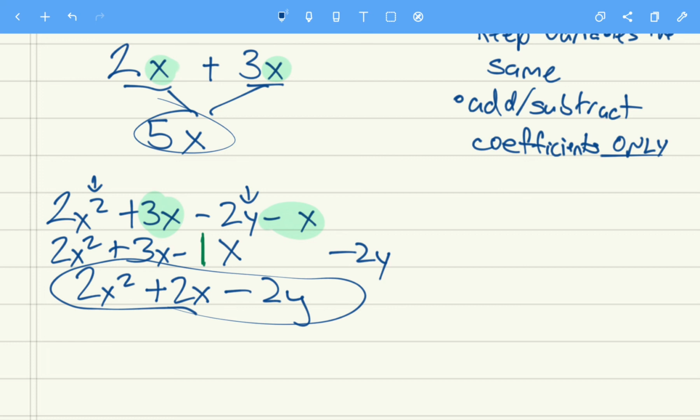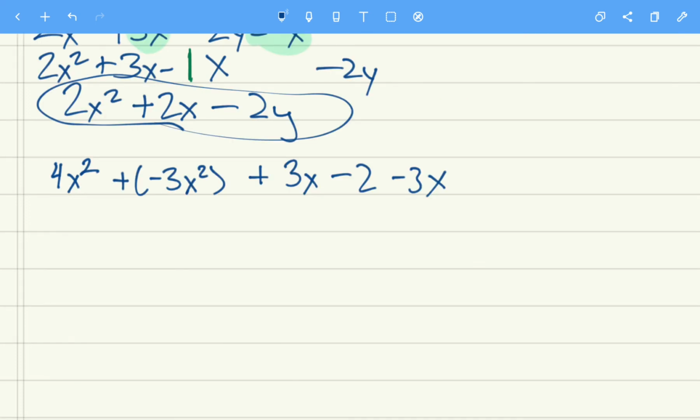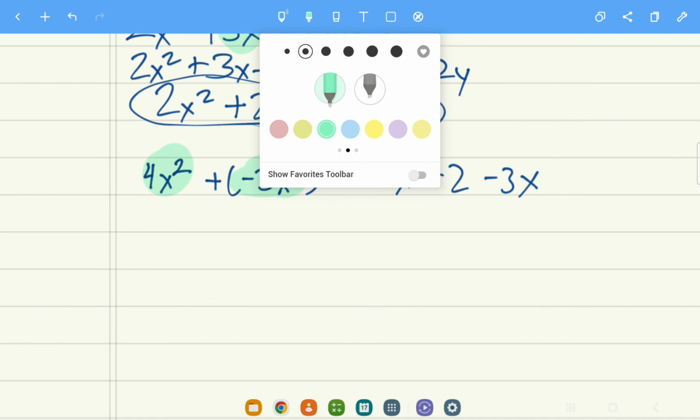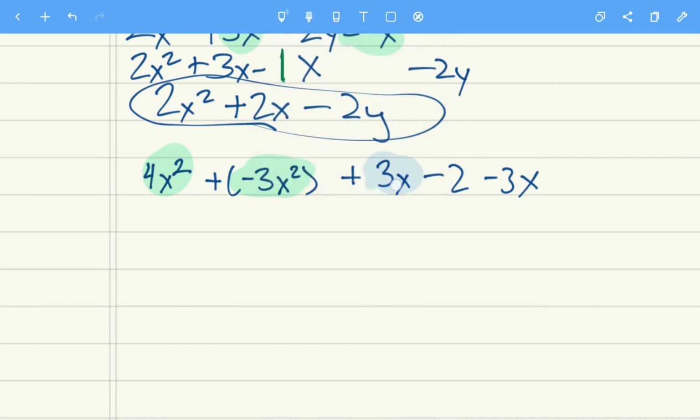Let's try one more. Okay, this one looks a little longer. I see we have 4x squared and minus 3x squared. And we also have 3x and minus 3x. So let's combine these. 4x squared plus negative 3x squared. 4 plus negative 3 is just 1.